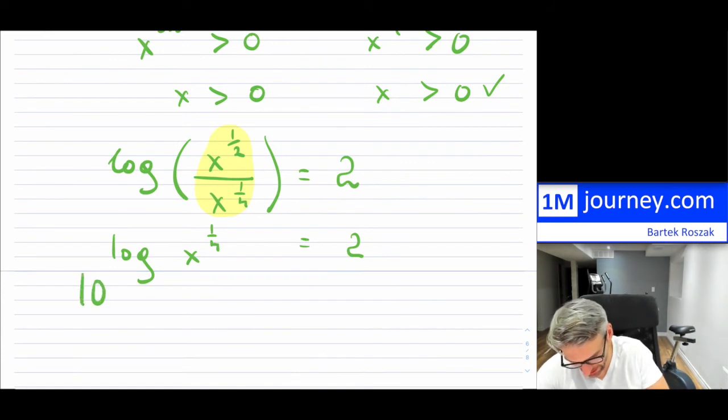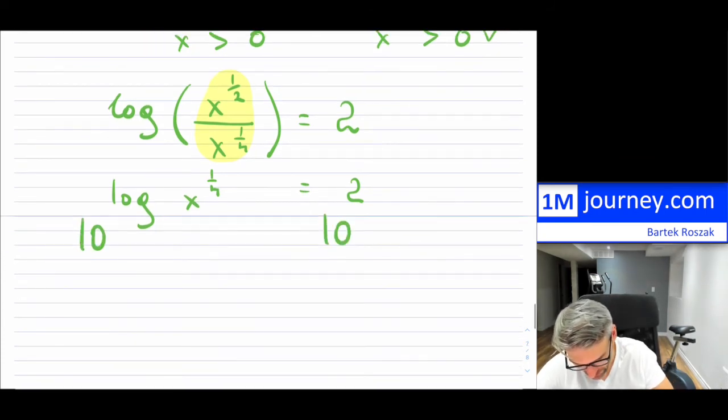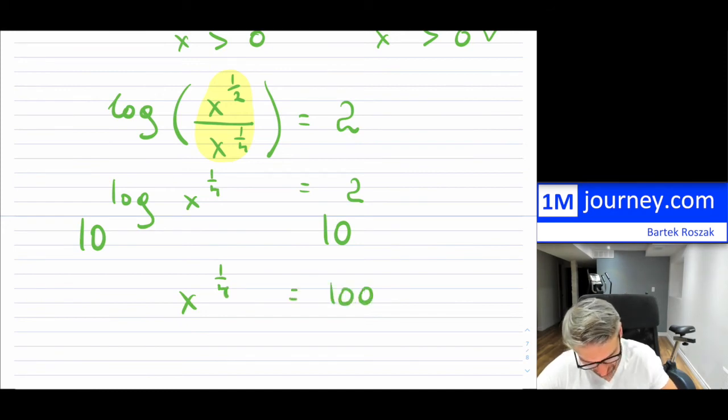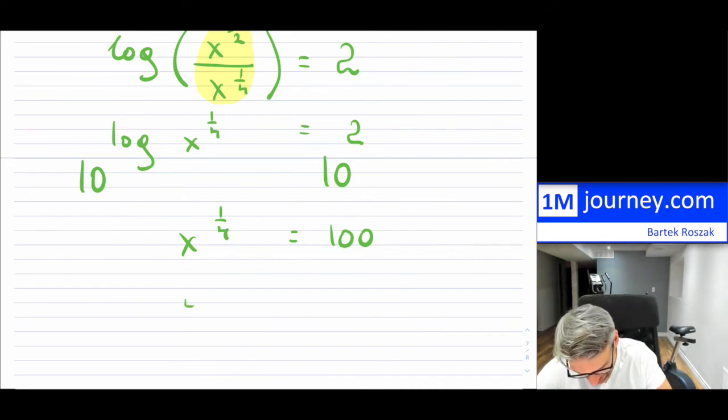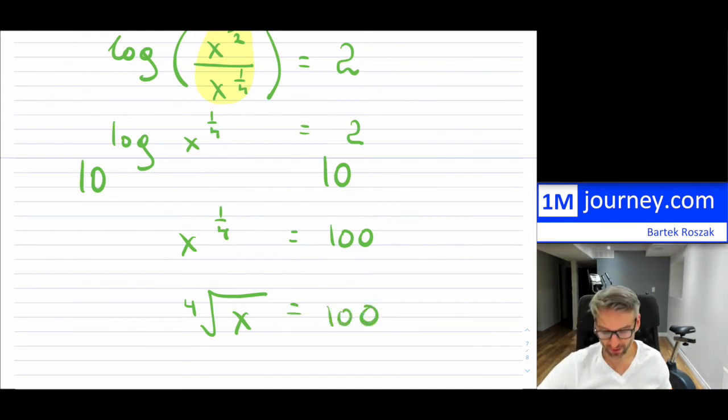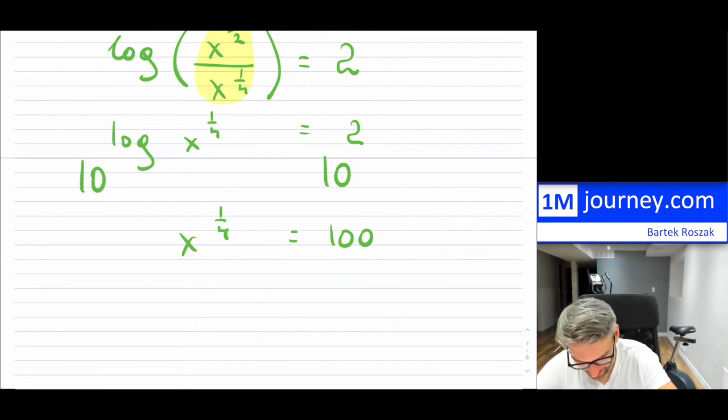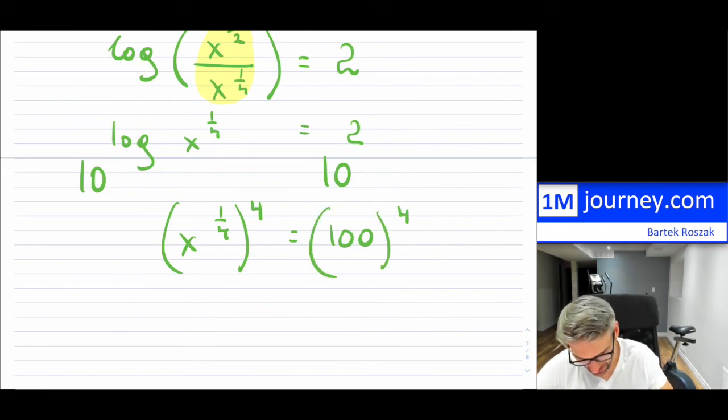Now take the base of 10, which is going to give me x to the quarter equals 10 to the 2, which is back to 100. So that's what we have there. So I'm going to take this to the 4, this to the 4, and it's just going to give me x is equal to 100 to the power of 4.